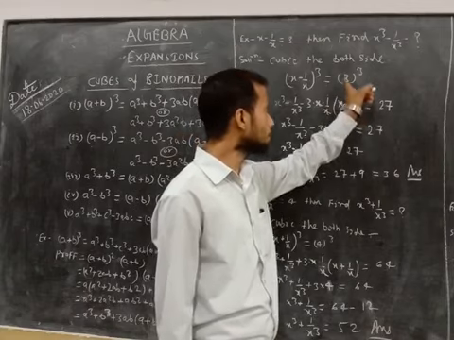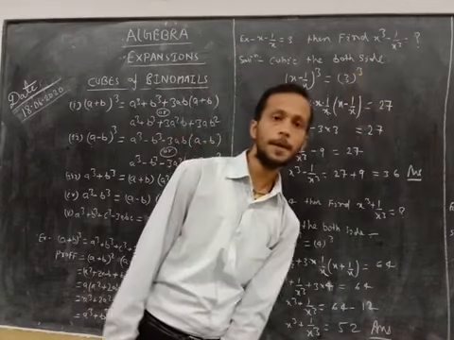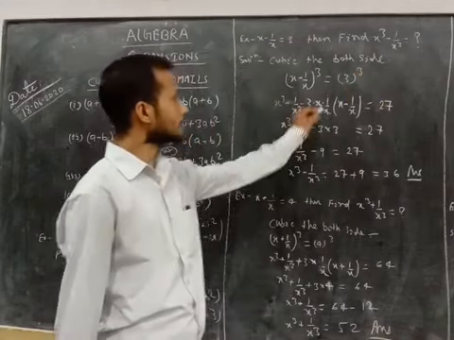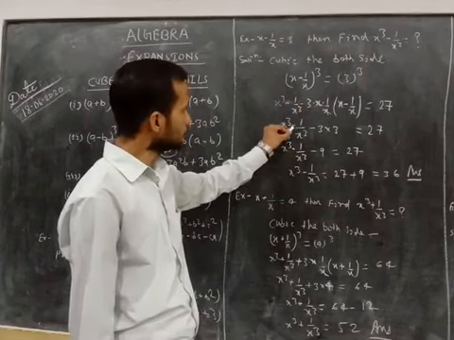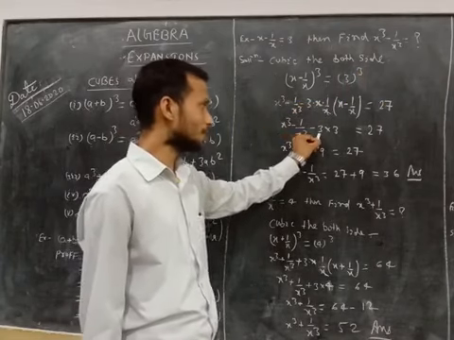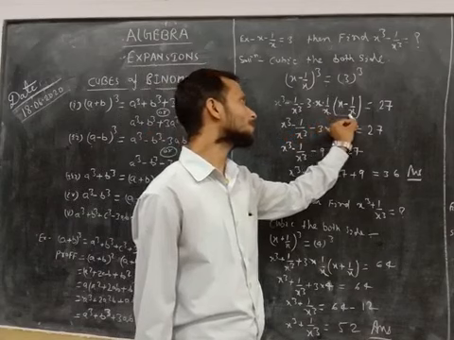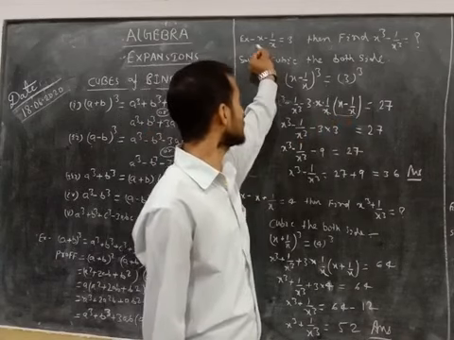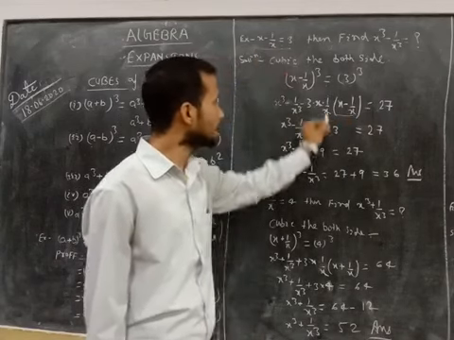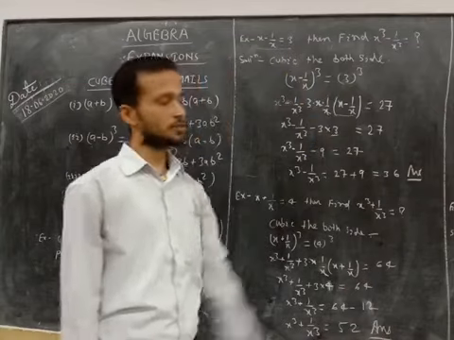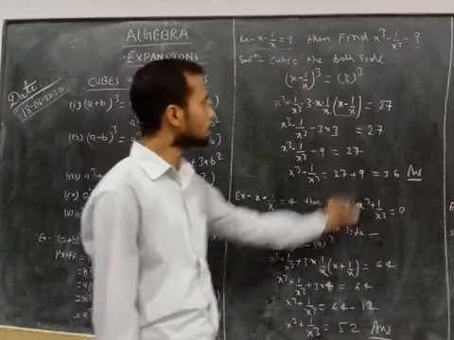Is equal to 3 to the power 3, which is 27. The x cancels, so x cube minus 1 by x cube minus 3, and put the value of x minus 1 by x, which is 3, is equal to 27.